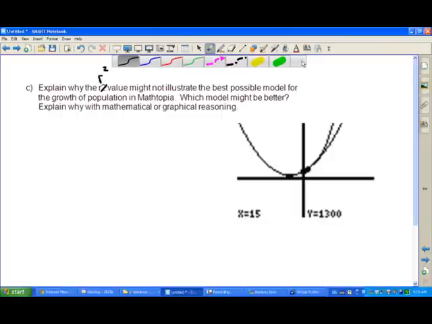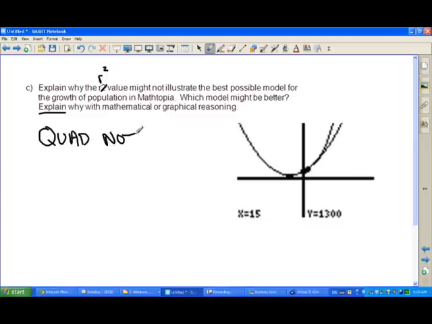So if I was answering this question on the assignment, I would probably draw a quick sketch of my graph, and then I would use my graph to explain why the quadratic model is not the best, based on some reasoning from the real world.